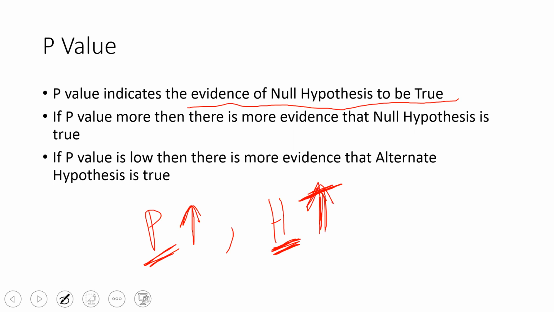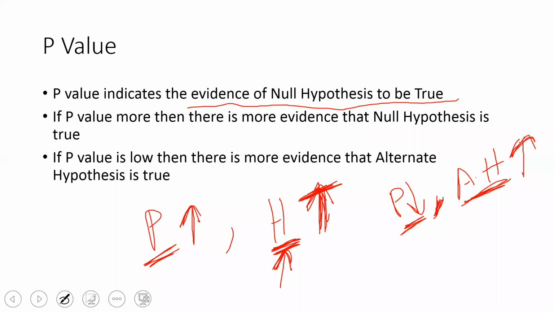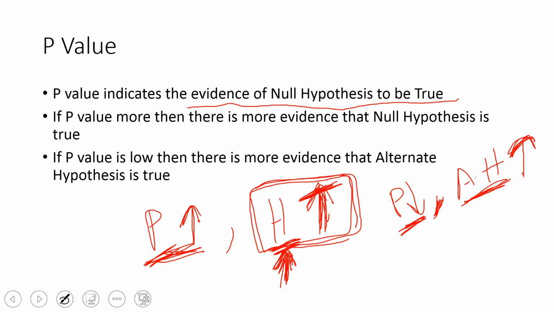If the p-value is low, there is very low evidence for the null hypothesis, which means there is a high probability of the alternate hypothesis being true. If the p-value is high, the probability of the null hypothesis being true is very high, and if the p-value is low, the probability of the alternate hypothesis being true is very high.